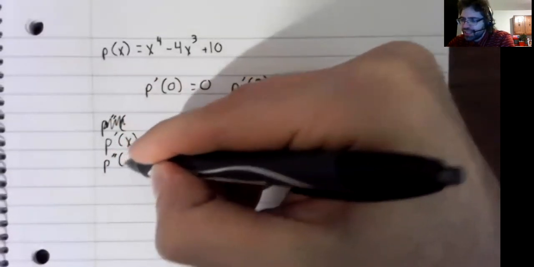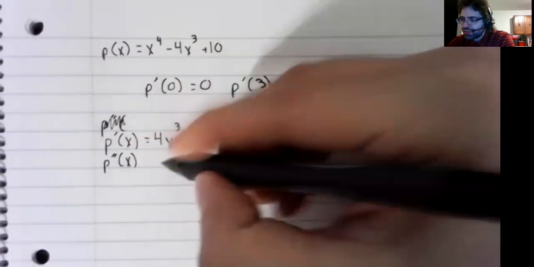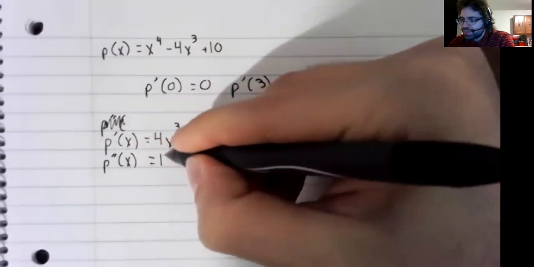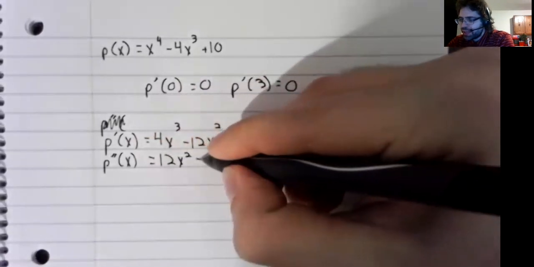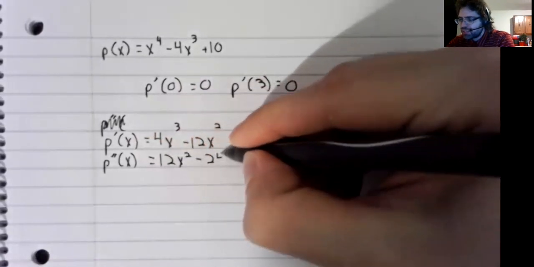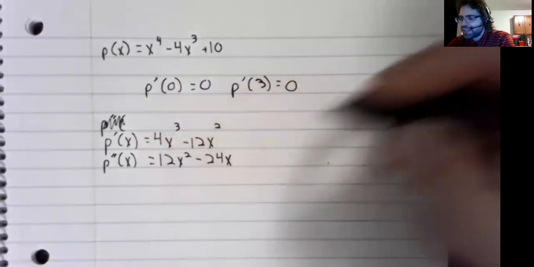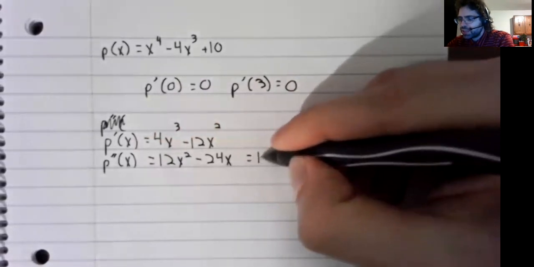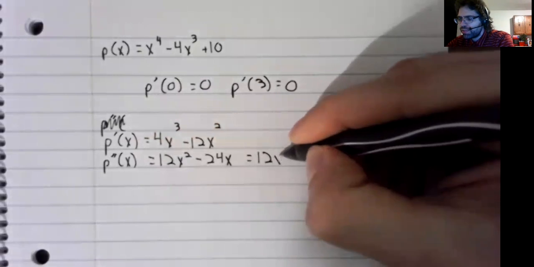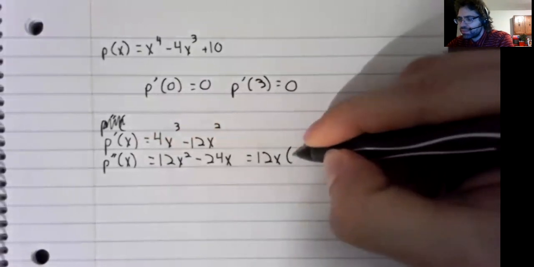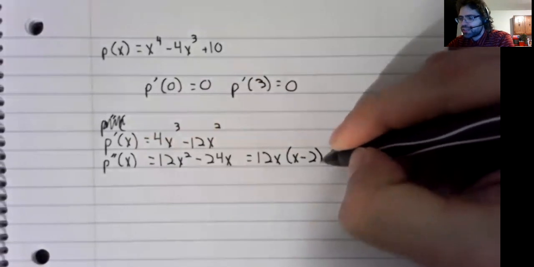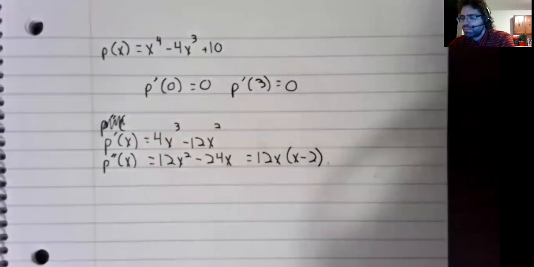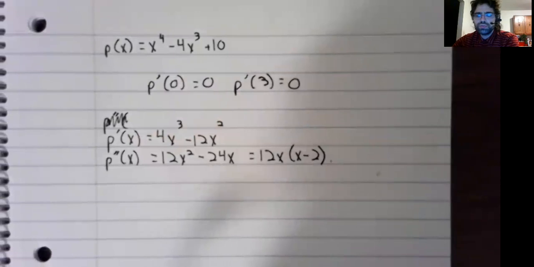Well, we need the second derivative. It's 12x squared minus 24x. Can pull out the 12x times x minus 2.